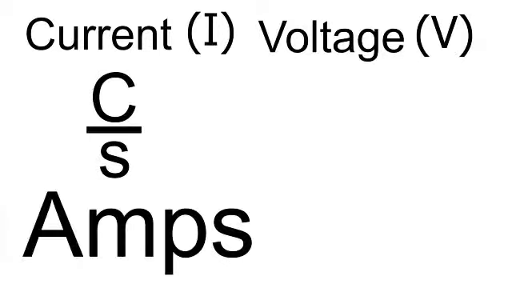So, to summarize, there are 2 fundamental quantities in electricity, current and voltage. Current is the easier one. It's just the number of coulombs that are passing a point in a second. It's given the letter I, the symbol I, and its units are amps. But don't forget, 1 amp just means a coulomb per second.